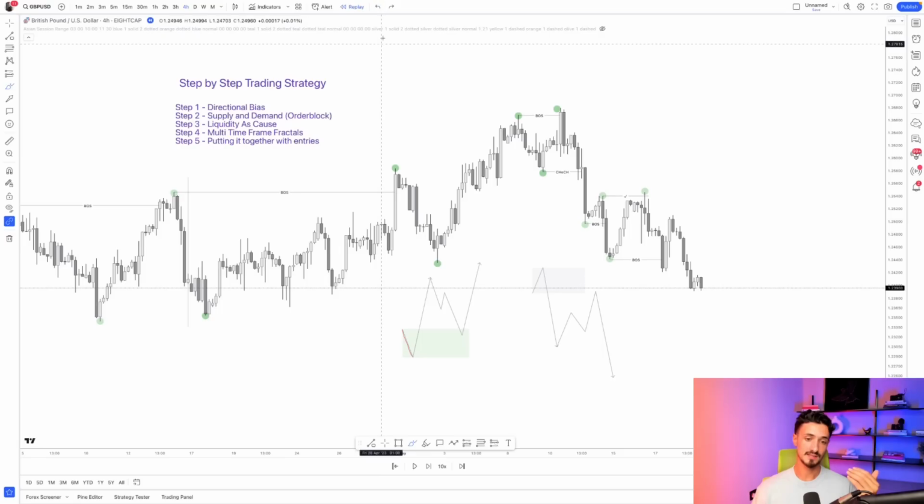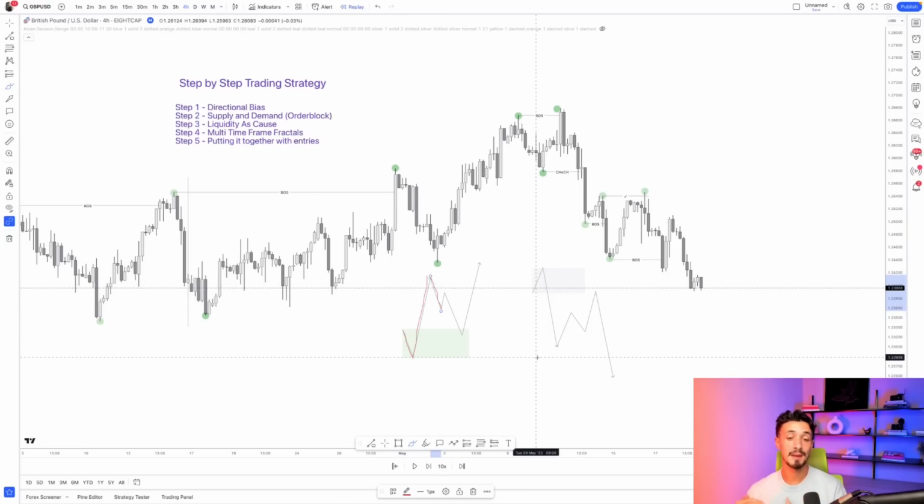Our first candlestick is bearish, our second candlestick is an impulsive bullish, and then our third candlestick is bearish. The way that we calculate imbalance is when the first candle and the third candle don't touch each other. They have this gap in the middle, and that gap right there is called imbalance.